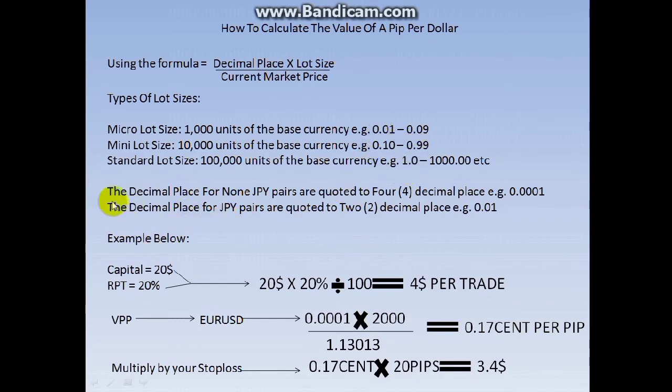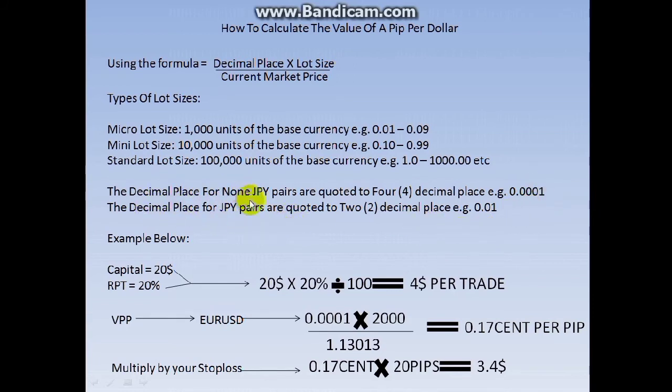So now we are going to be looking at the decimal place. Remember our formula for finding our pip value per dollar is the decimal place times lot size divided by the current market price. Now the decimal place for non-Japanese pairs is quoted to 4 decimal places.